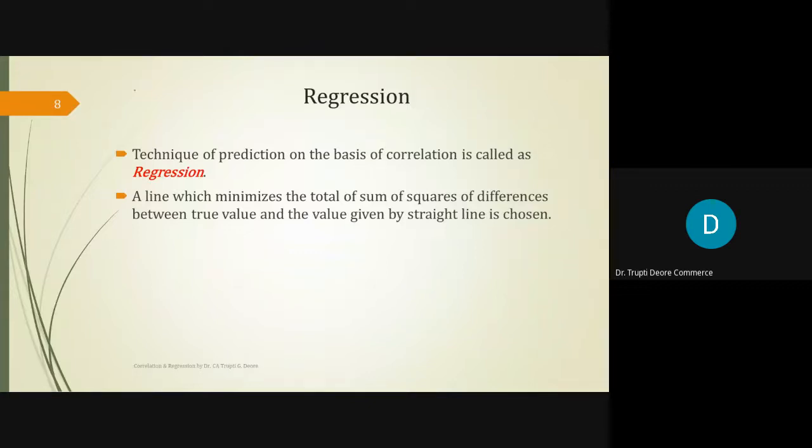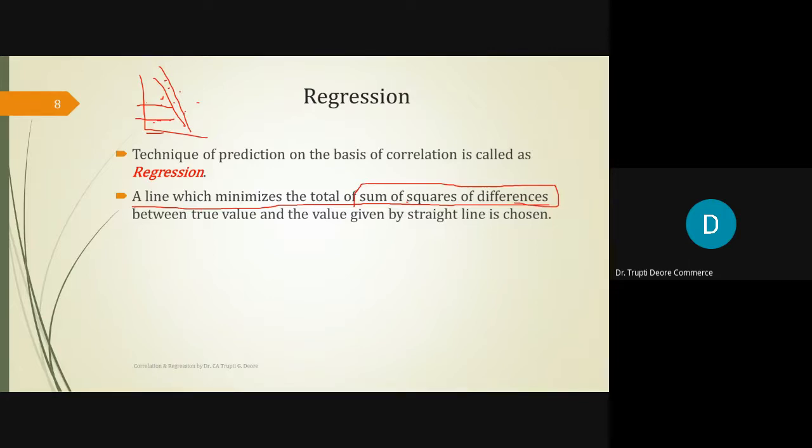the bivariate data on a graph with a scatter diagram, we get a number of points. With the help of these points, we get lines. Out of these lines, the line which minimizes the total sum of squares of differences is chosen. It means squares of differences will be calculated, and the total of such sums is taken.